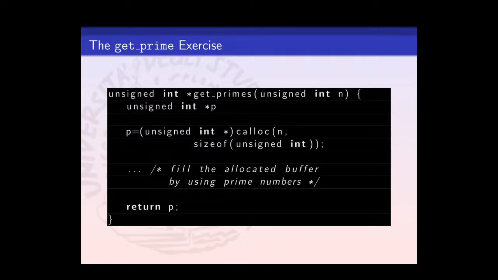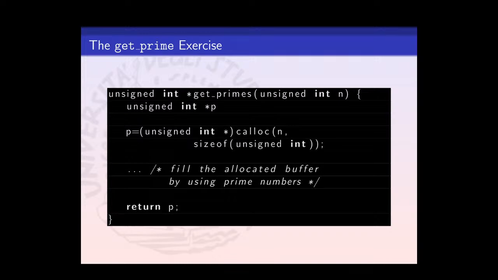Okay? So the calloc function takes as first parameter the number of cells we want in our array, as second parameter the size of each cell, and returns a pointer to a memory location which is able to store an unsigned integer.